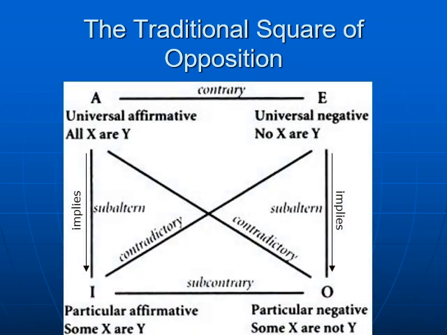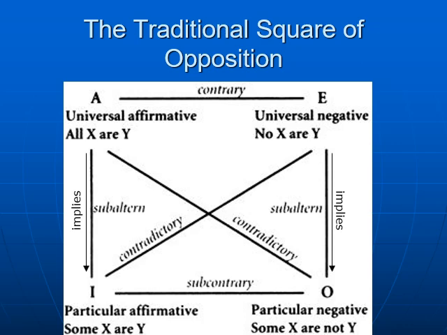We've got all these various logical relations symbolized in this traditional square of opposition and organized in a way that makes them useful and handy. For example, at the four corners we've got A statements, E statements, I statements, and O statements. A being universal affirmative, E being universal negative, I being particular affirmative, and O being particular negative.